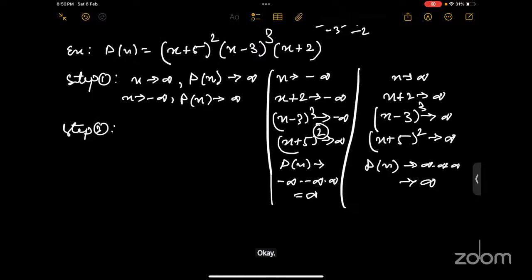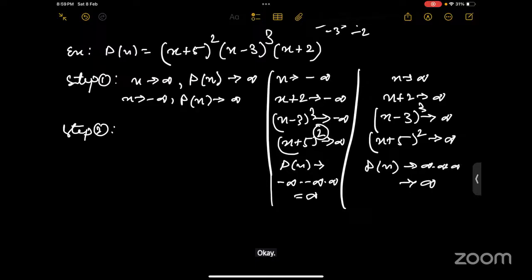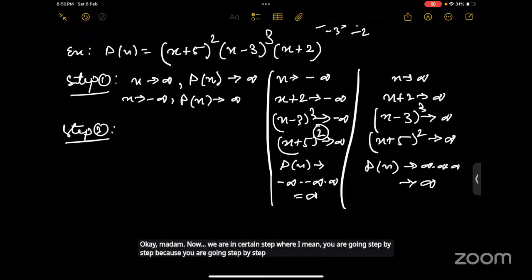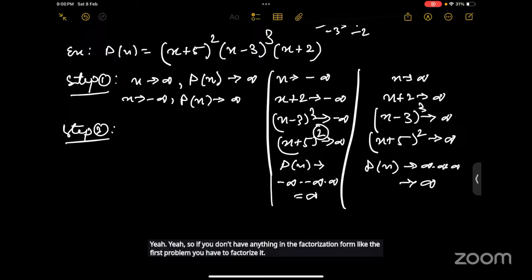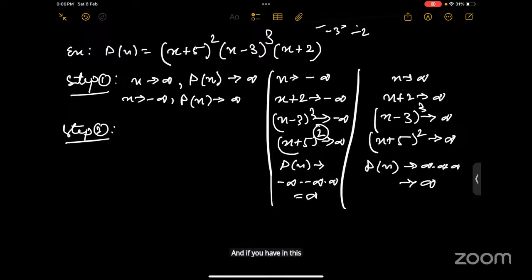Okay, madam. Now we are at a certain step where you are going step by step, because we will not always be able to expect the expression in this form, right, madam? Like you already factorized it. Yes. If you don't have the factorized form, like in the first problem, you have to factorize it. And if you have it in this form, then it's fine.